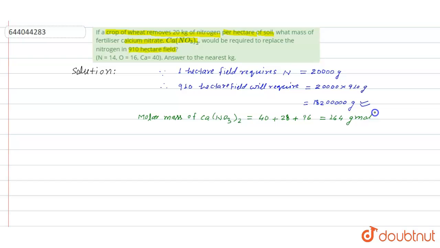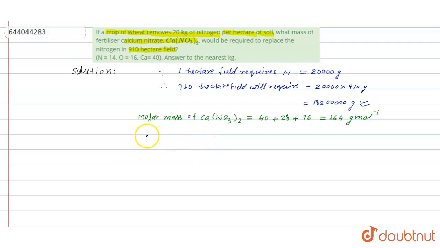Now, in 164 gram calcium nitrate, nitrogen is 28 gram. So the question is, what mass of fertilizer calcium nitrate would be required? In this question, molar mass of calcium nitrate is 164 gram.